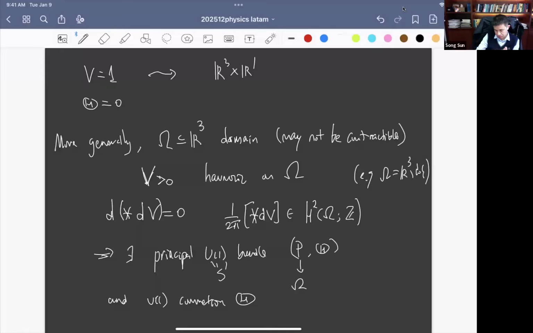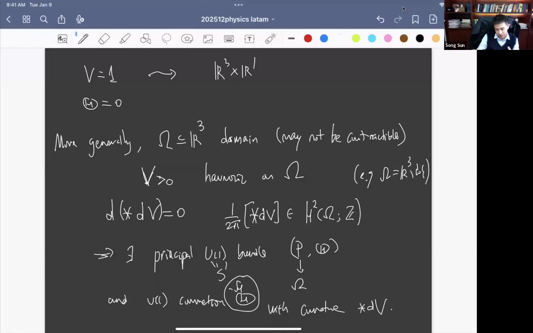It's a connection one form, so it is a one form on P, and locally it satisfies d theta equals star dv, right? With curvature. Maybe for the connection it's better to write square root of -1 times theta, as a connection with curvature star dv. Okay.